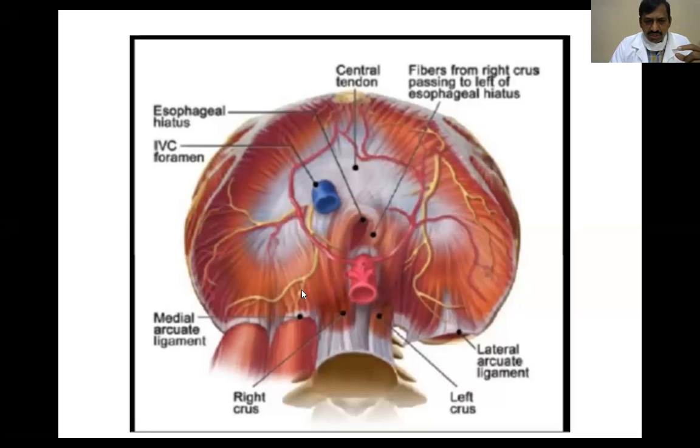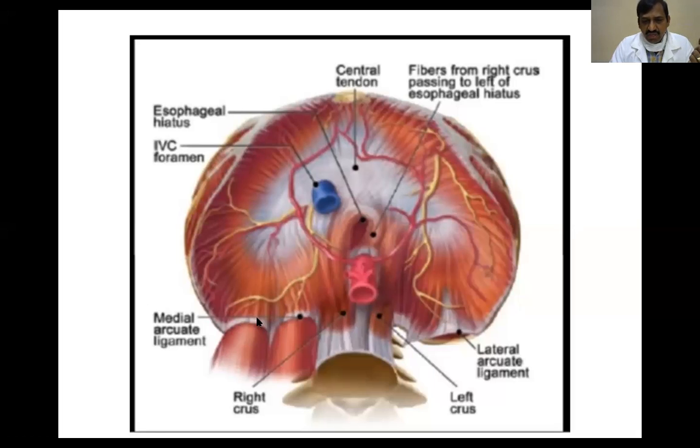Next, another part is from the medial and lateral arcuate ligaments. This is the medial arcuate ligament, and this is the lateral arcuate. What is the medial arcuate ligament? It is nothing but the thickened fascia that is covering the psoas major muscle. It is also called the psoas fascia.